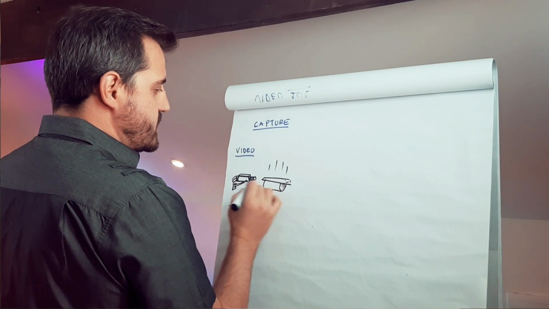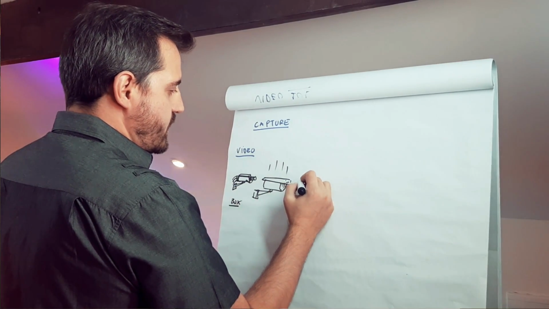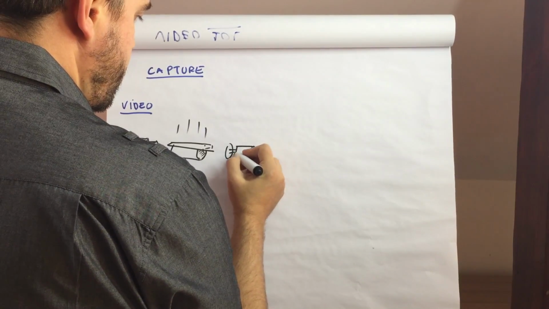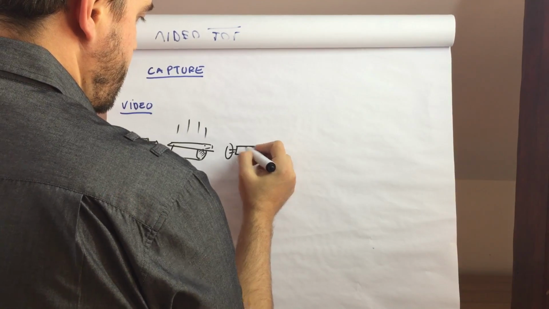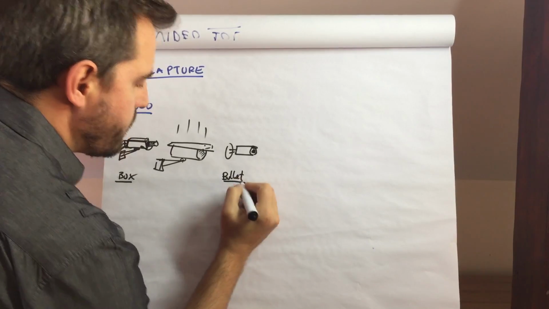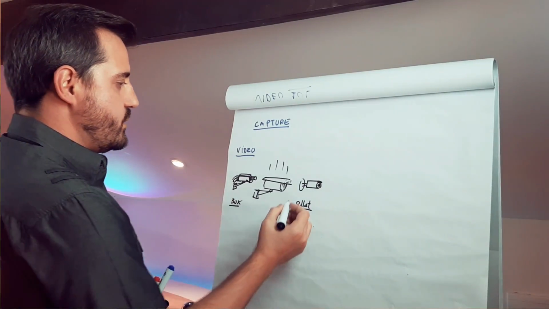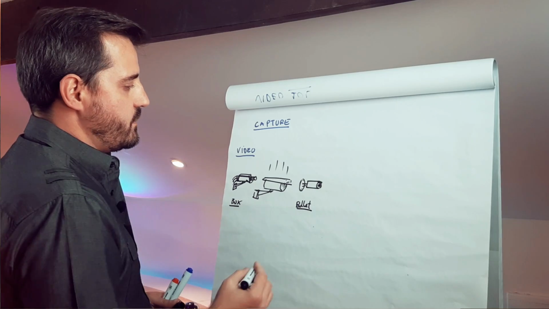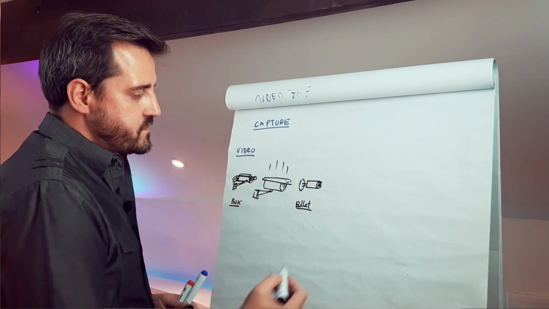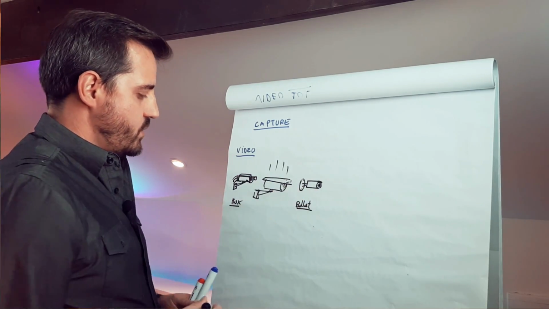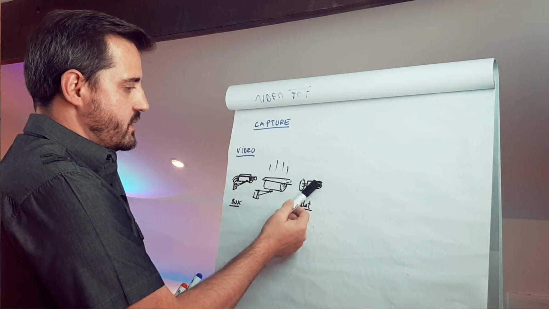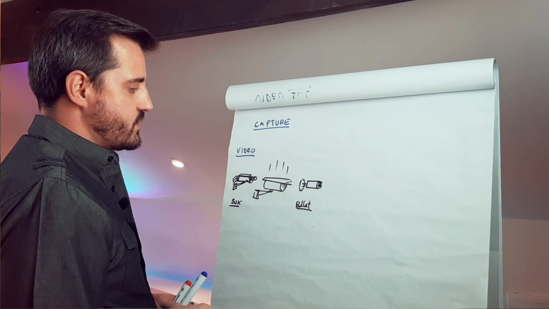The next camera, which is similar to the box one, is the bullet camera. Basically it comes with a part that you fix on the wall or on the ceiling, and it's very similar to the box camera with the lens already embedded in this structure.